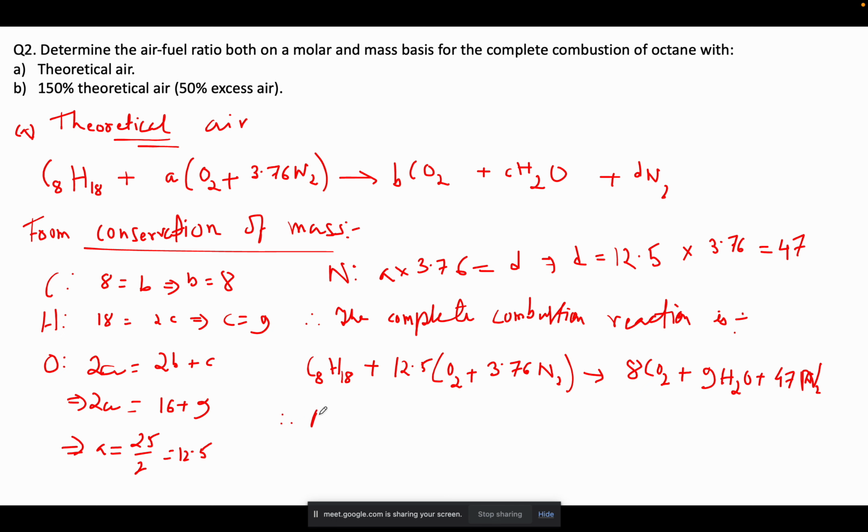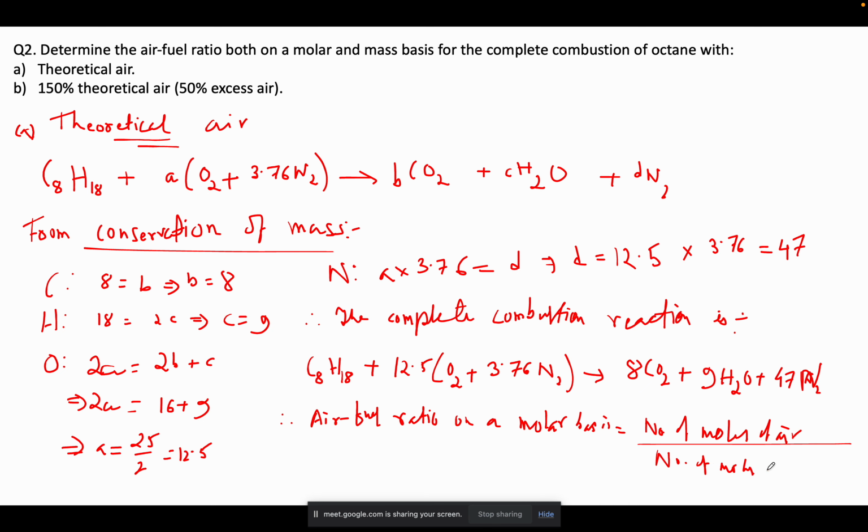So therefore air fuel ratio on a molar basis, this will be basically number of moles of air divided by number of moles of fuel. Okay.